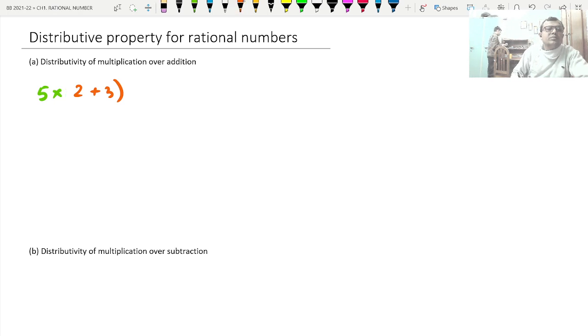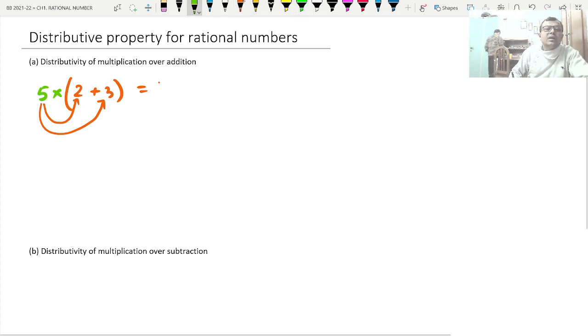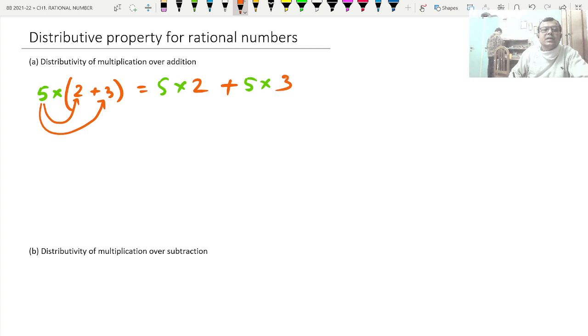Then this 5 should be distributed, given to 2 also, and 5 should be given to 3 also. It should be distributed to both, and here the sign will be plus. You understood this point? This property is called distributive property, distributivity of multiplication over addition.